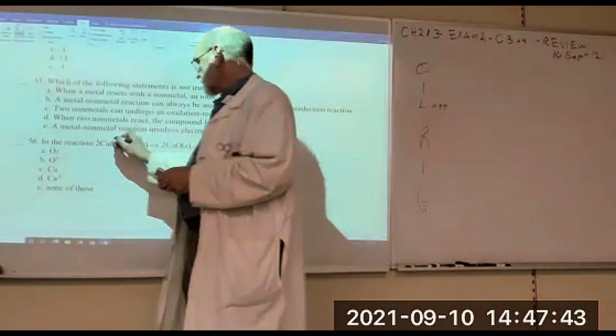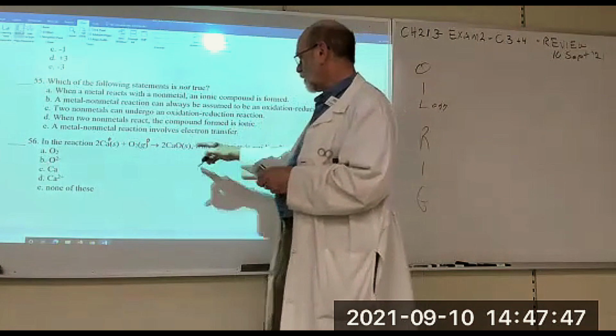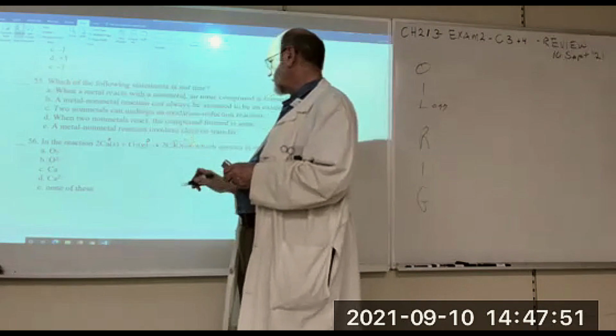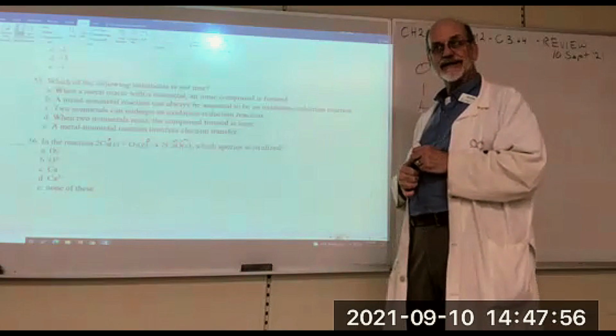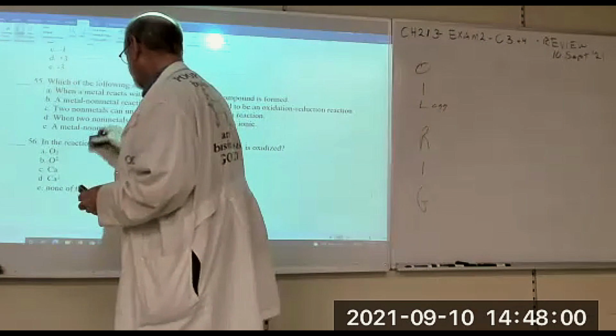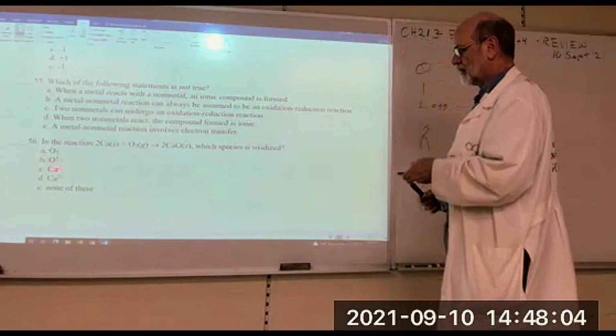Well, we have to look. This one's 0. This one's 0. So over here, this one is -2, and this one's +2. So calcium had to lose electrons. Calcium is oxidized. C is the answer. It's oxidized.